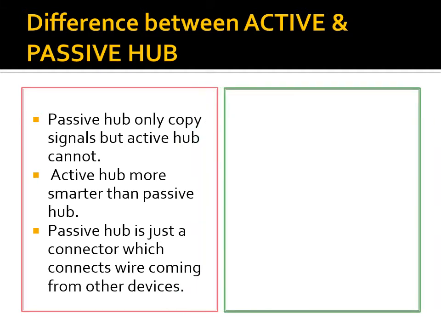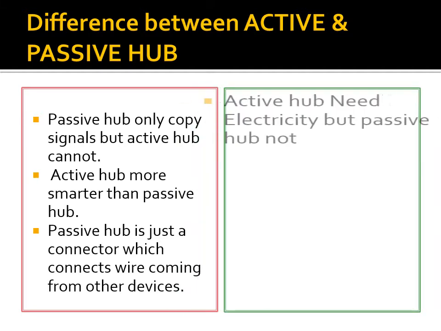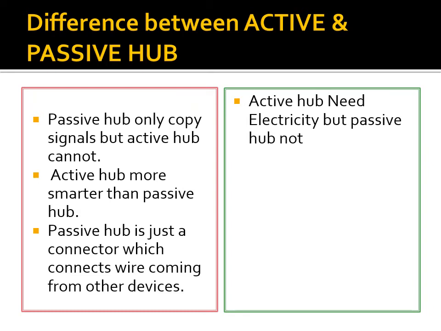An active hub needs electricity because it amplifies the signals, but passive hubs do not require it. An active hub has a repeater, multi-point.